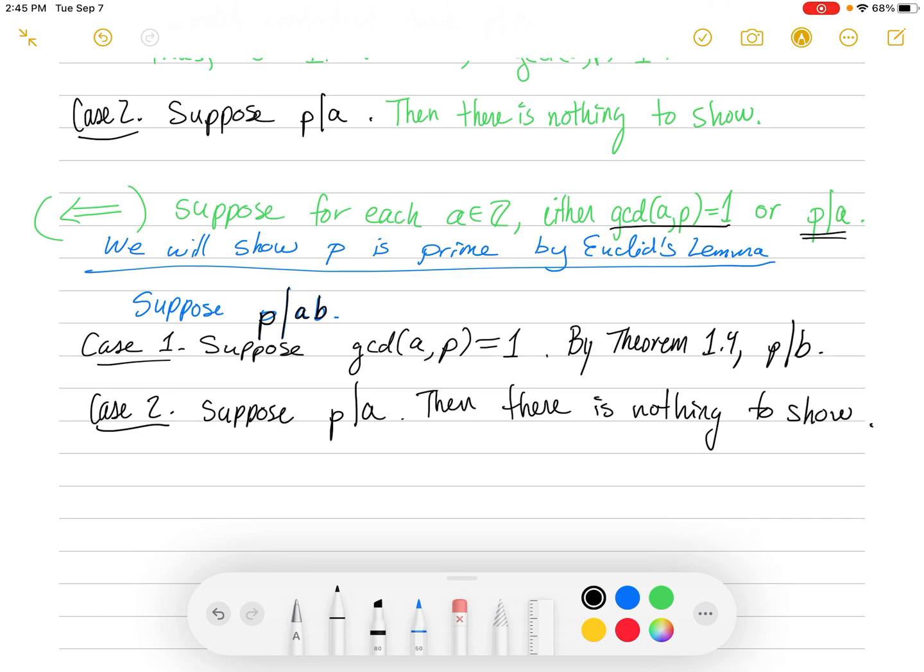We have either P divides B in case 1, or case 2, P divides A. So if P divides B or P divides A, then by Euclid's lemma, that's theorem 1.5, then P is prime. And that's what we wanted to show, P is prime. So again, the proof. We had a forward direction and a backwards direction. Pretty nice little problem.